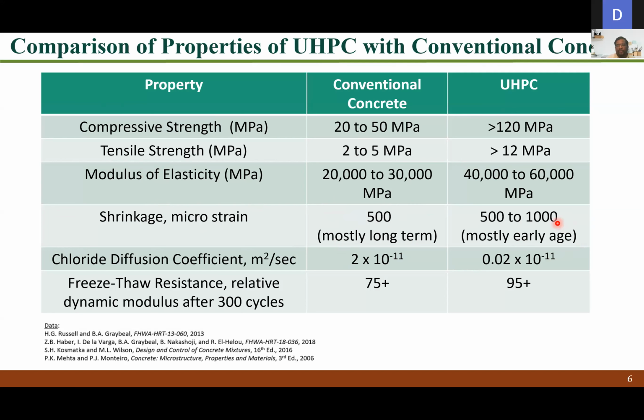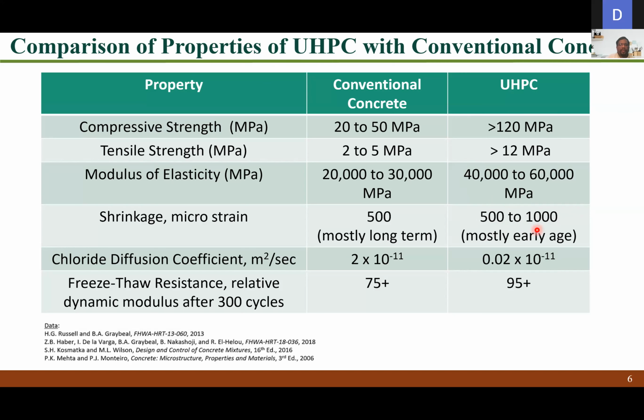So shrinkage is an issue. However, because we are putting in a lot of fibers, the cracks will be arrested. The shrinkage in UHPC is about 500 to 1000 microstrain, depending upon your mix design, but most of it happens at early age. So you're not going to have any long-term shrinkage.